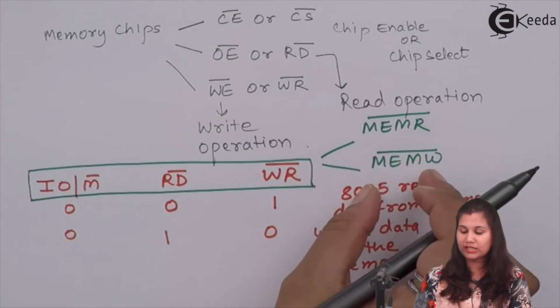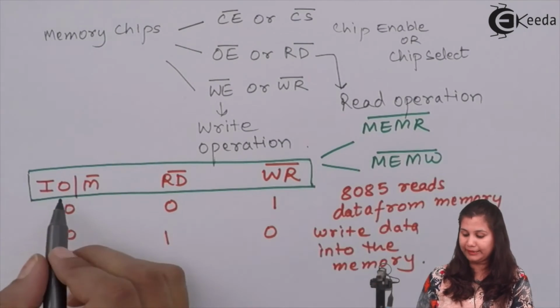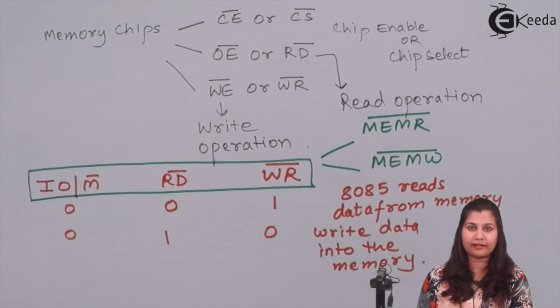Now, how are these two signals generated? By combining these three signals. Let's see the circuit for it.